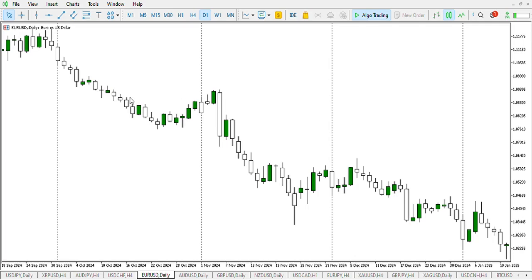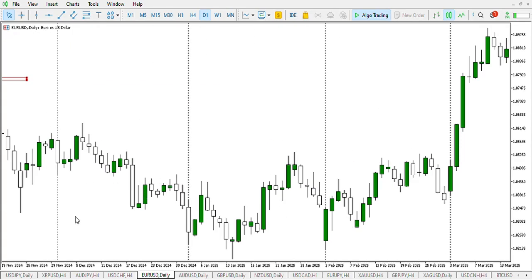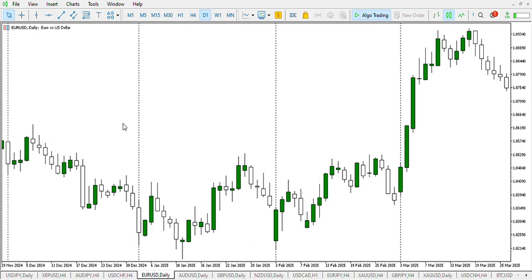You can see we mark the critical support and resistance zones, one close, two close. You can see bearish candle confirming it. And recently this month, what do we see?